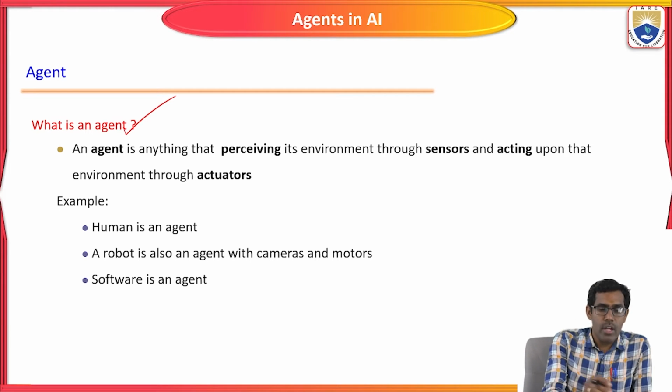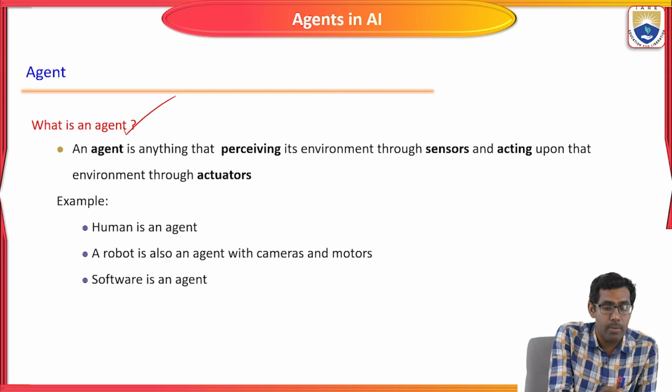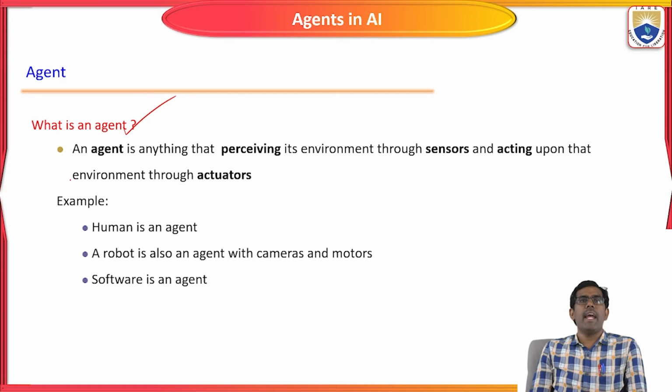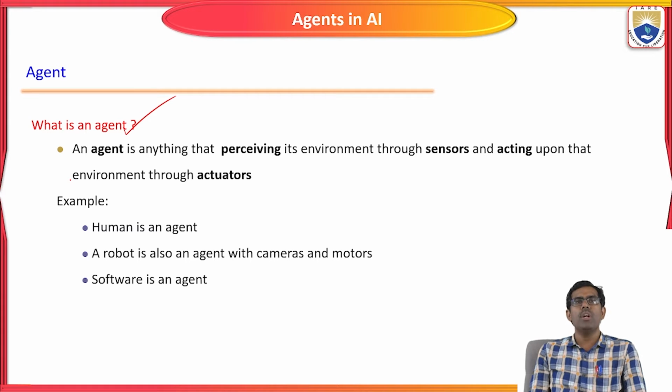Okay, so I will read out the definition of the agent. An agent is anything that perceives its environment through sensors and acts upon that environment through actuators.